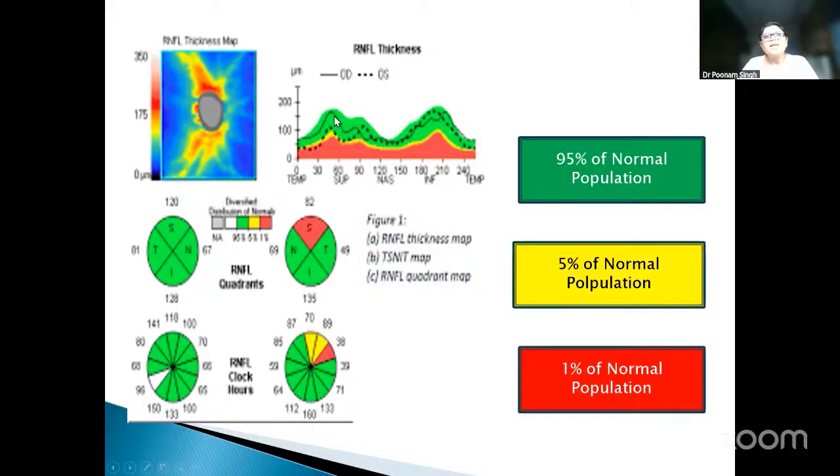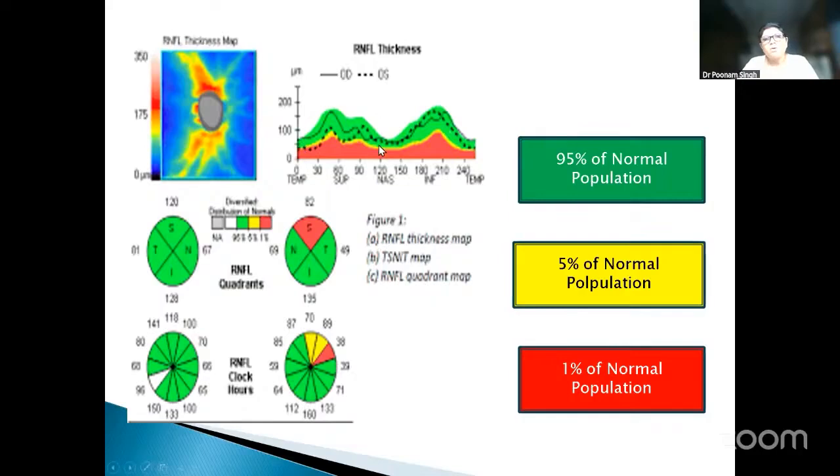the RNFL at the temporal, superior, nasal, and inferior areas. And these are the two lines which show the right and left side positioning. Here we can see that at the superior and the inferior area, the thickness of the RNFL is high, which is comparable with what we know, that in this area the neuroretinal rim is thicker at the superior and the inferior area.